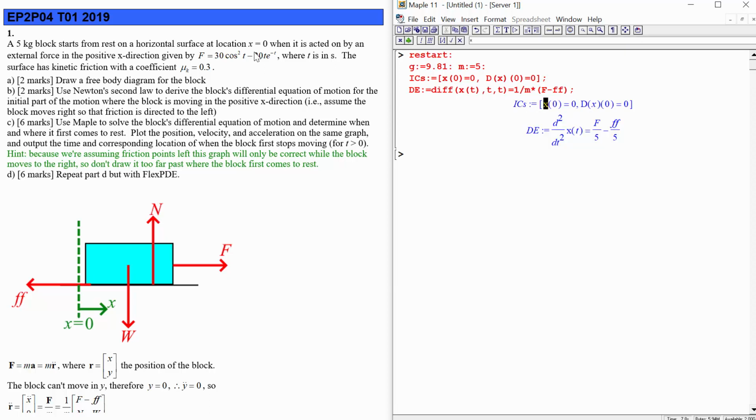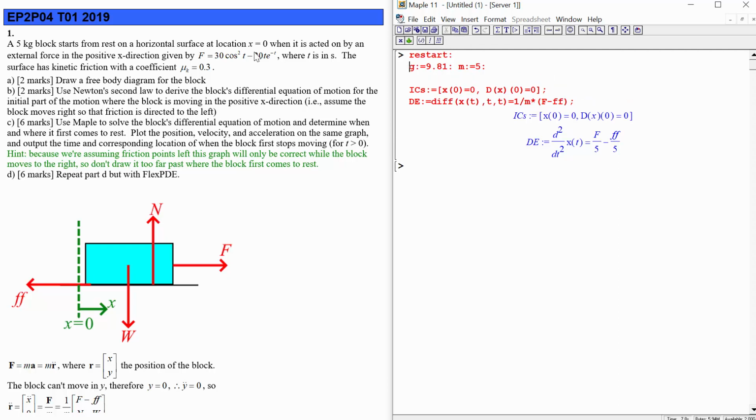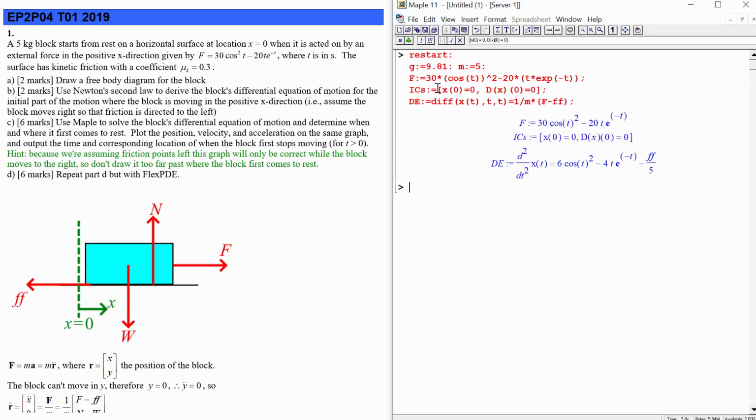Let's see if that looks okay. Looks okay. What's next? We've got what F is: 30 times cos of t squared, minus 20 times t times e to the negative t. Doesn't really matter how complicated looking this is.